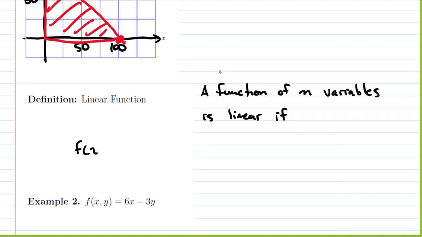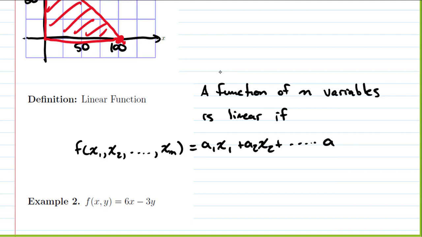So f of x sub 1, x sub 2, all the way out to x sub n is equal to a1 x1 plus a2 x2 plus all the way out to an xn.